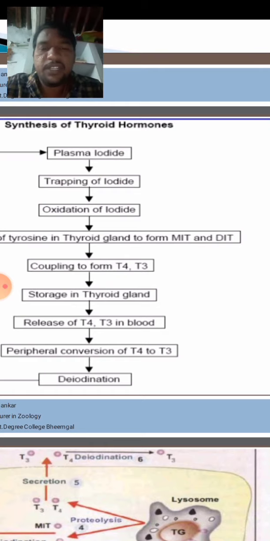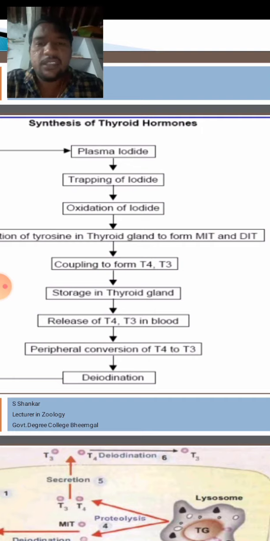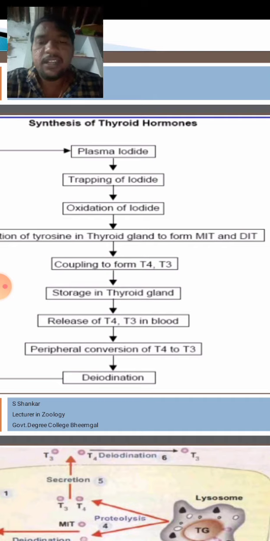Coupling to form T4 and T3. Storage in the thyroid gland. Releasing of T4 and T3 into the blood. Peripheral conversion of T4 to T3.